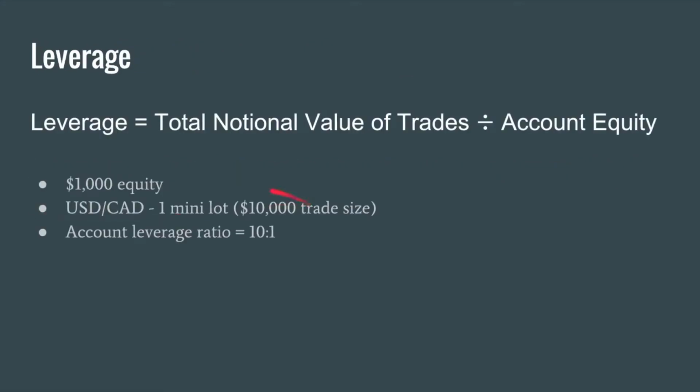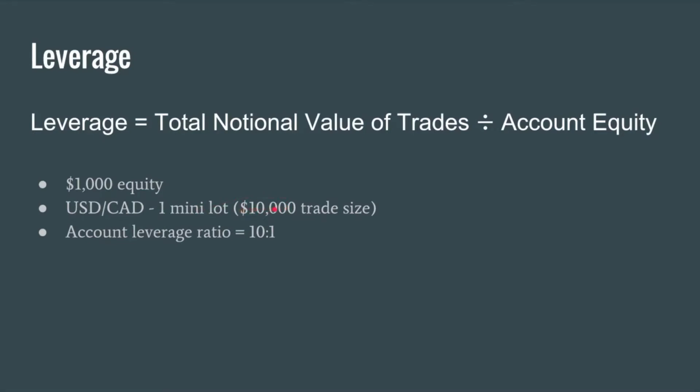So here I've listed it out. You have your account with $1,000 of capital, or equity. Both those words are interchangeable. Here is our one mini lot purchased of the US dollar, Canadian dollar, which has a $10,000 trade size. Remember, US dollar is the base currency, so if we're buying 10,000 units, that will be a $10,000 trade size.